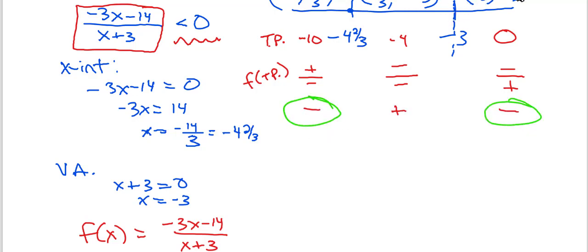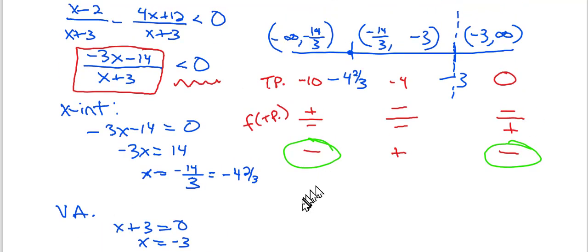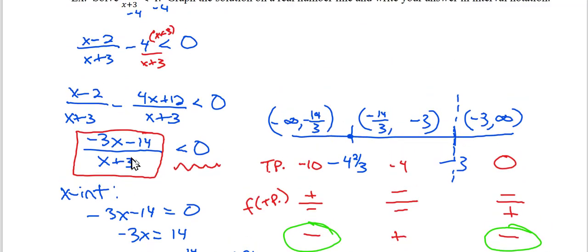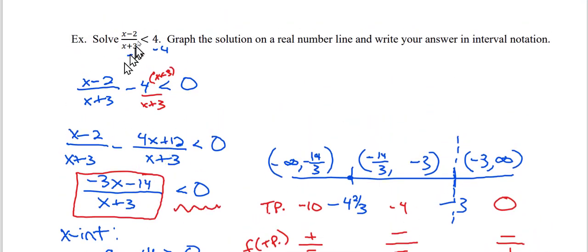And so that means my solution, write these intervals, negative infinity to negative 14 thirds, union negative 3 to infinity is where this inequality will be negative, which means that's where this fraction, x minus 2 over x plus 3, is less than 4.